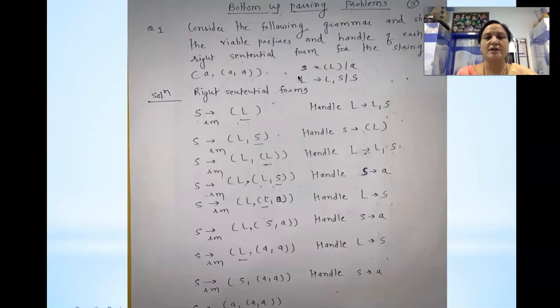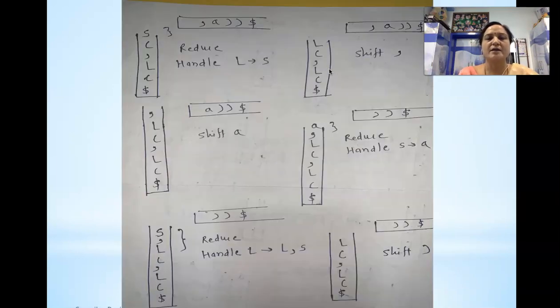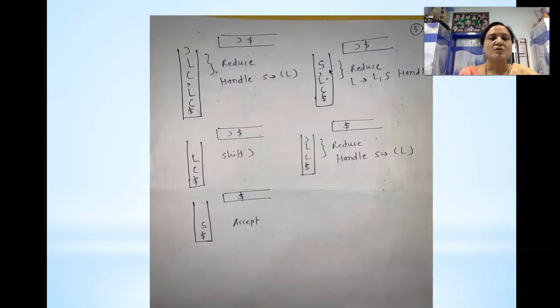If you see the given grammar, this is the production S tends to opening bracket L, closing bracket. So we are reducing this by S. S is the left hand side of the production. So pop out opening bracket L, closing bracket and shift the left hand side of the production onto the stack. So S is shifted onto the stack.